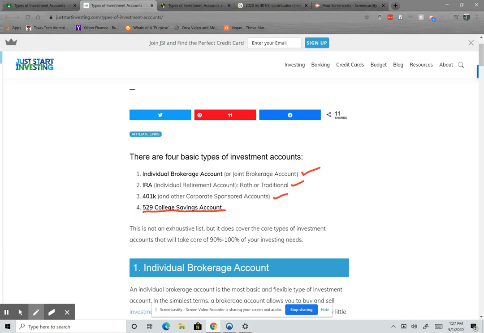It's tax-free. If you use it for reasons that aren't education-related, you pay tax on it, and it'll be like taking money out of an IRA before you're 59 and a half. You get hit with a penalty too. So don't do that.